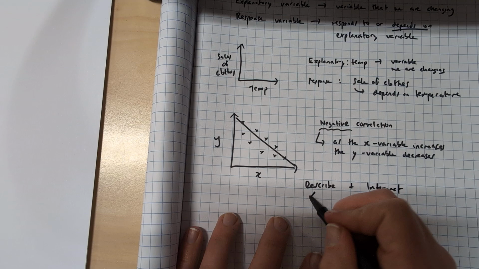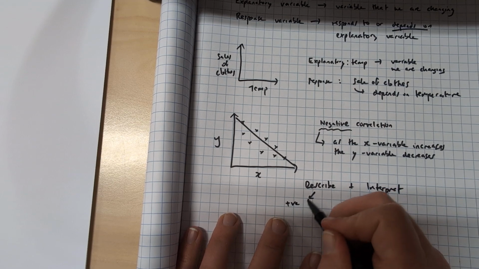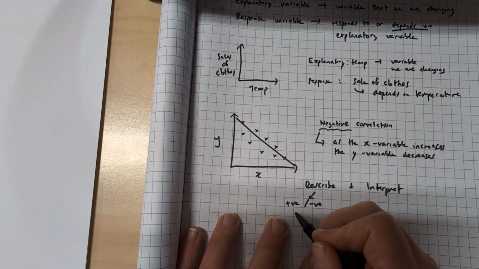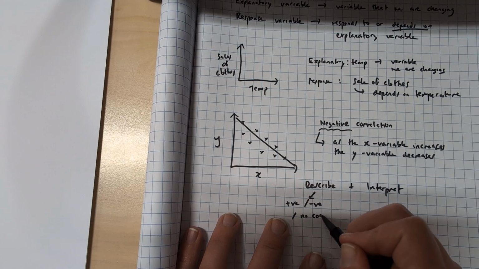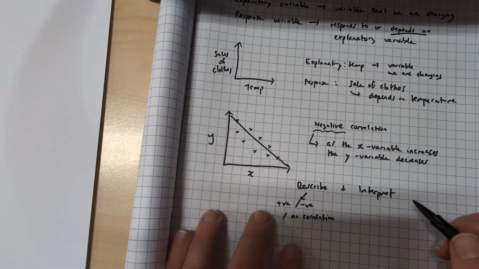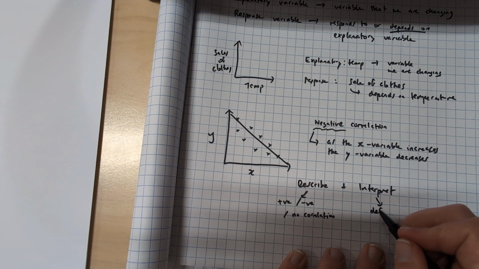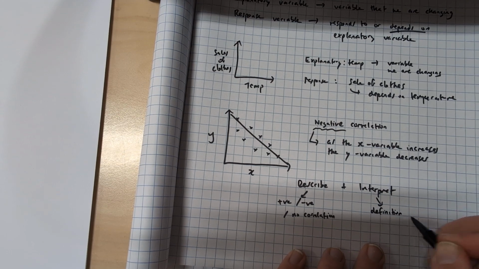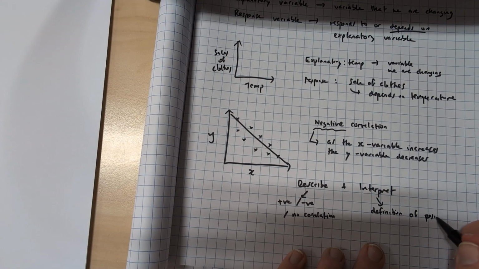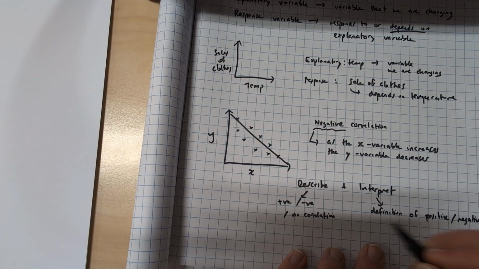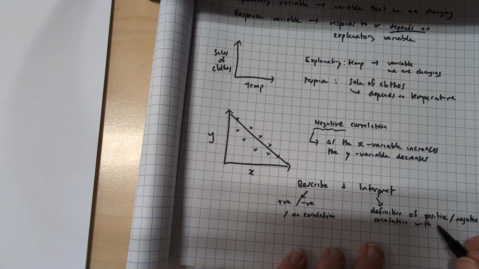When it says describe, it means is it positive or a negative correlation or no correlation? And interpret means describe the definition of positive correlation or negative correlation with respect to the variables.